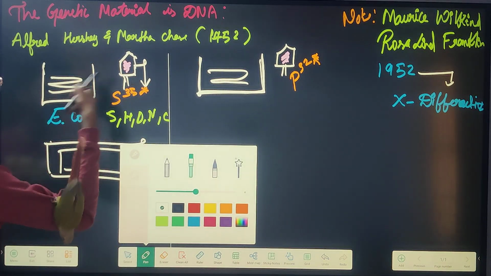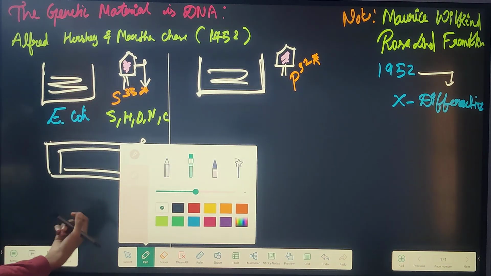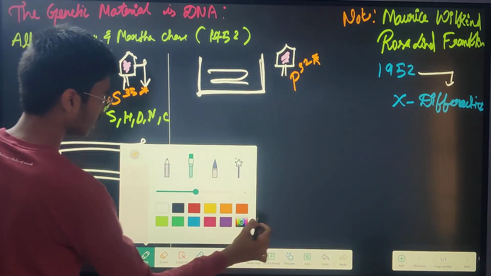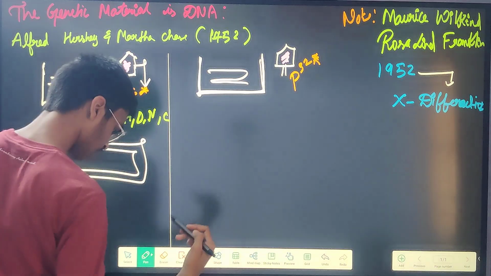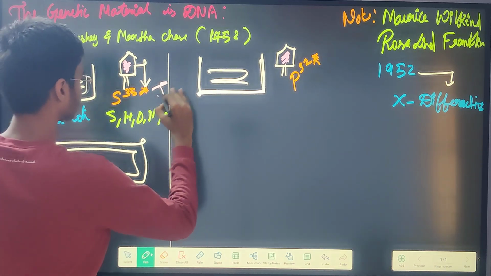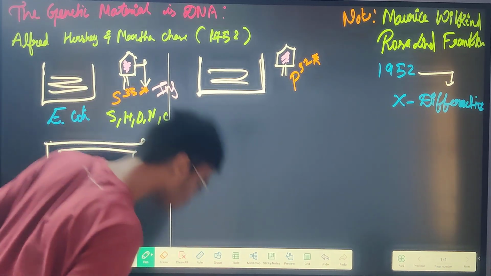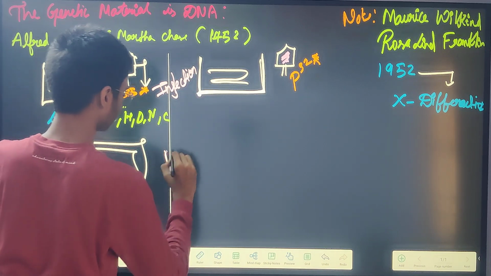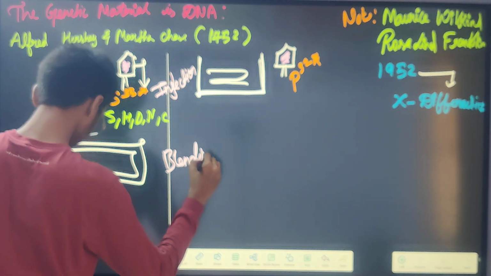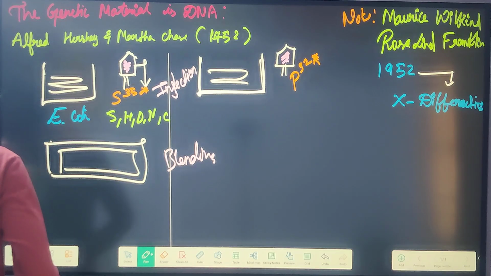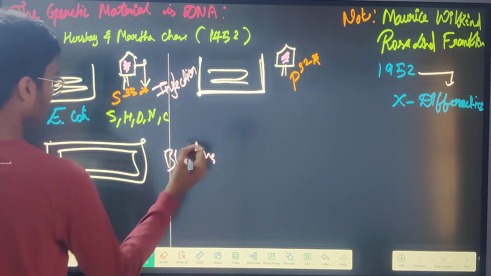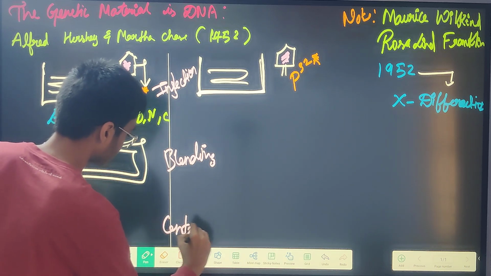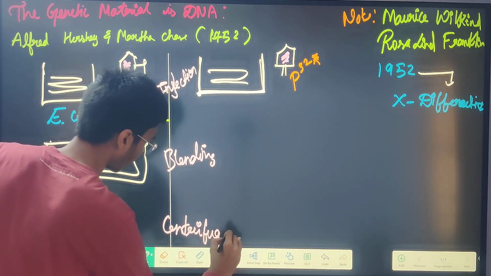First it passes its genetic material to E. coli, and that passing is known as injection. Then blending. Then after that, he centrifuged them.